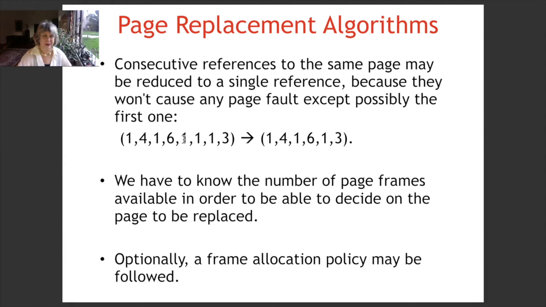So this can be reduced to a single memory reference, 1 and 3. So here, notice that we have a single reference for page 1. We have to know the number of page frames available in order to be able to decide on the page to be replaced. Optionally, a frame allocation policy may be followed.